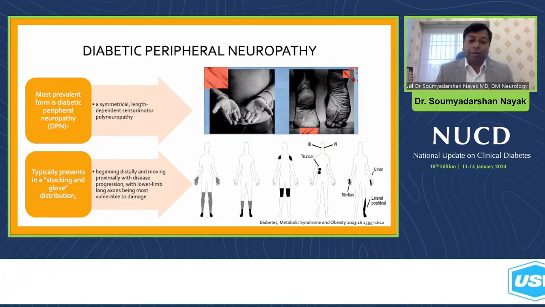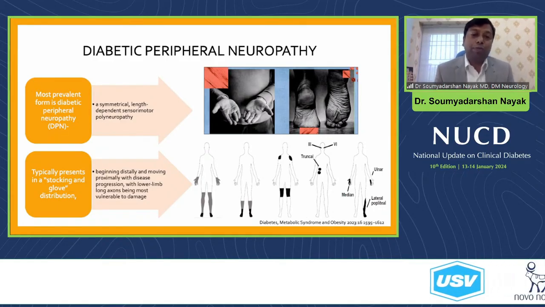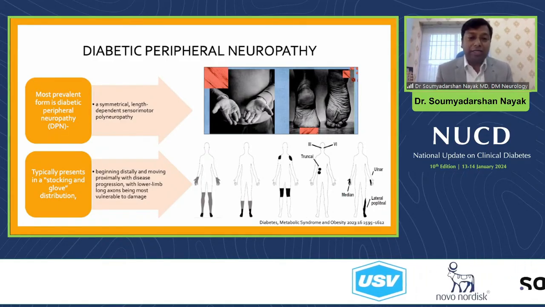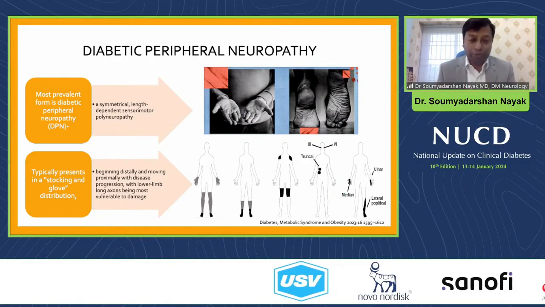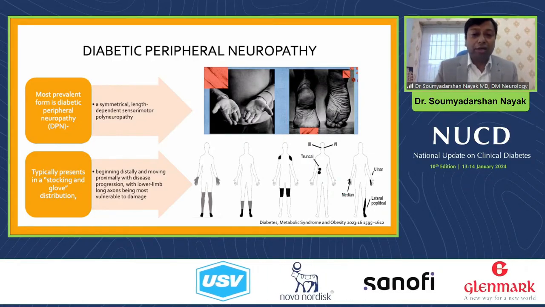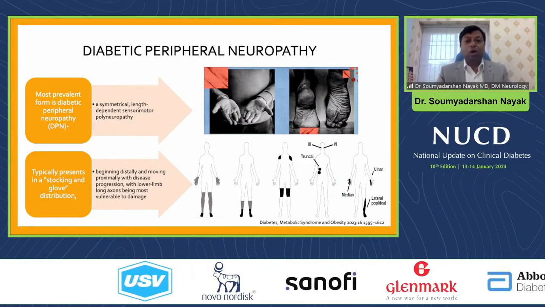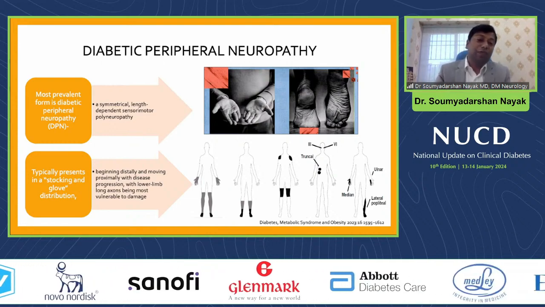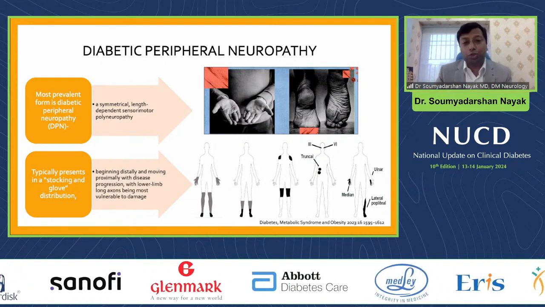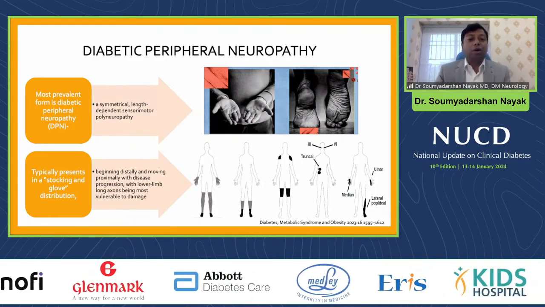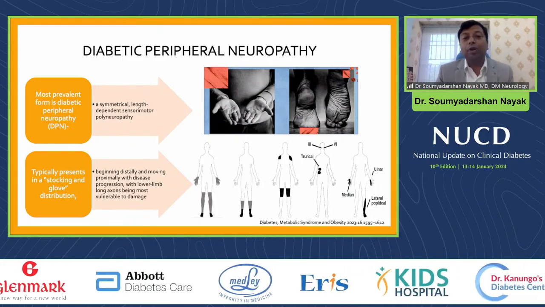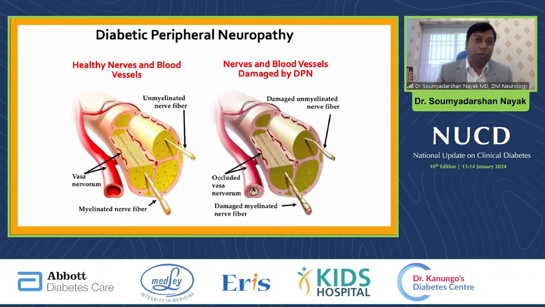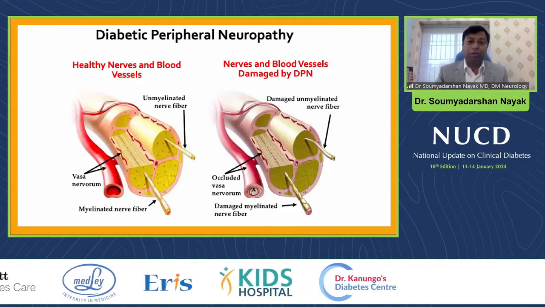These two are the most common, and among the DSSN group, painful neuropathy occupies a major chunk. At least 50% of the cases you see in your clinics of diabetic neuropathy belong to the painful sensory neuropathy group.